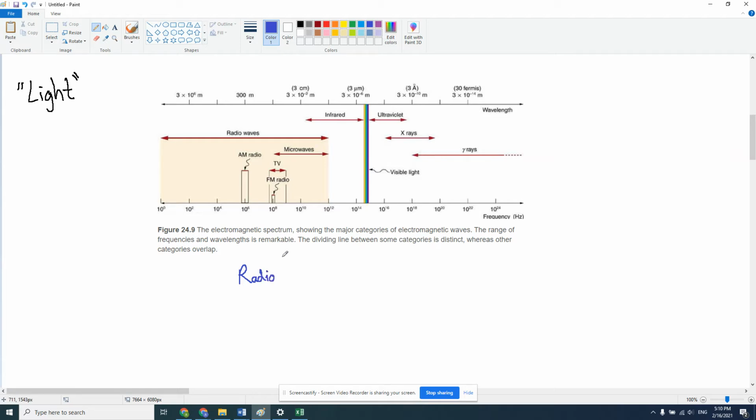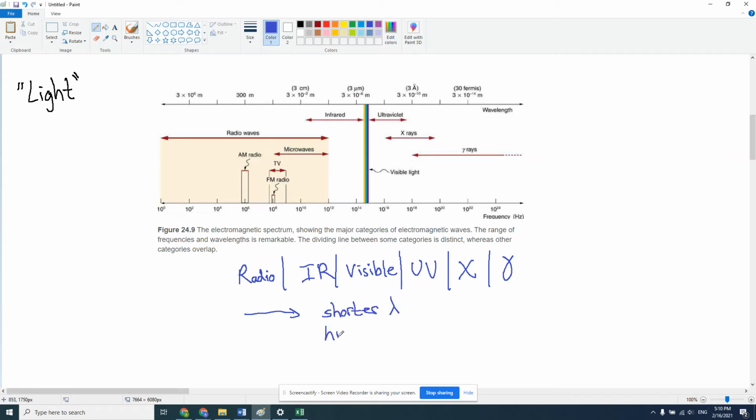So we'll look at radio, then we'll look at infrared, visible, UV, X-ray, gamma ray, Greek letter for gamma. As I move this way, I go into shorter wavelengths, higher frequencies, and therefore higher energy levels.